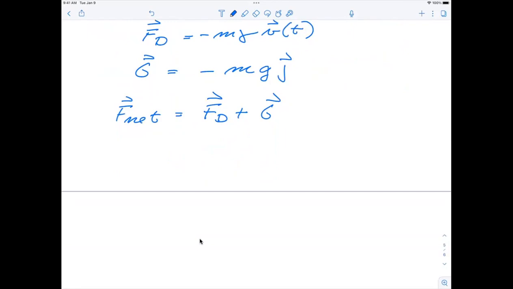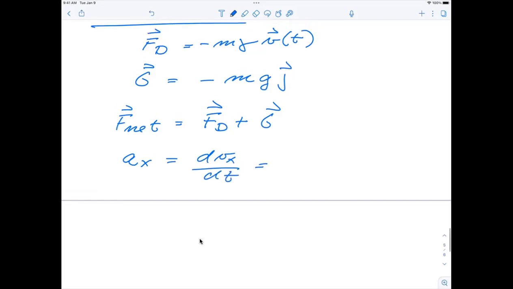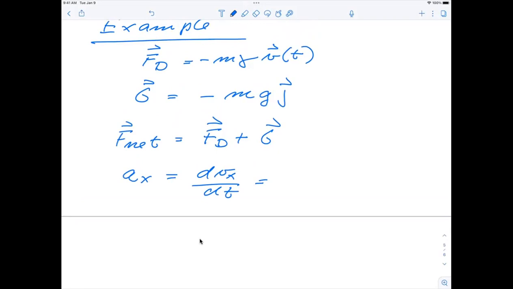You just have to pay a little bit attention to how you define the positive and the negative x and y axes. So again, the acceleration in the x direction is going to be given by dvx of dt. And if we now look at the expression we have for the force, we divide now with the mass, so we get obviously the acceleration then.